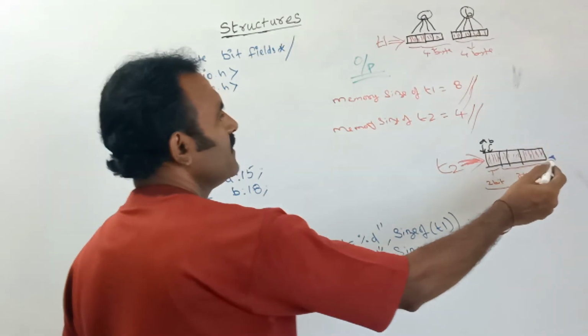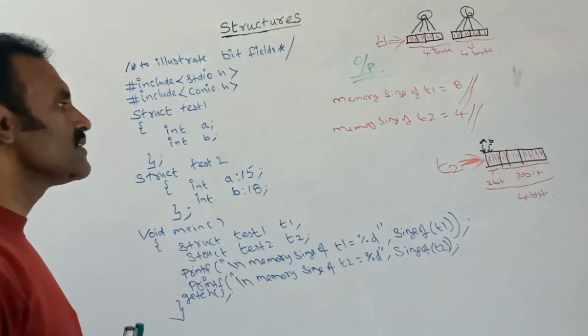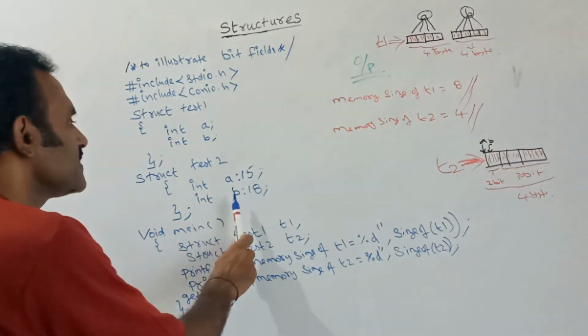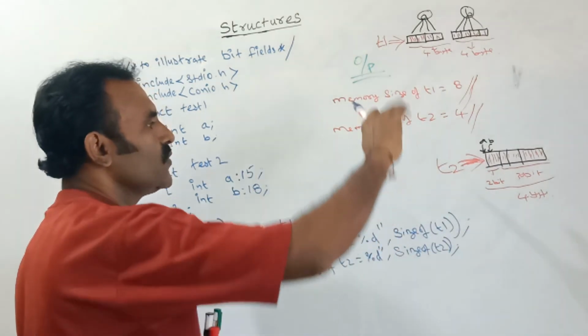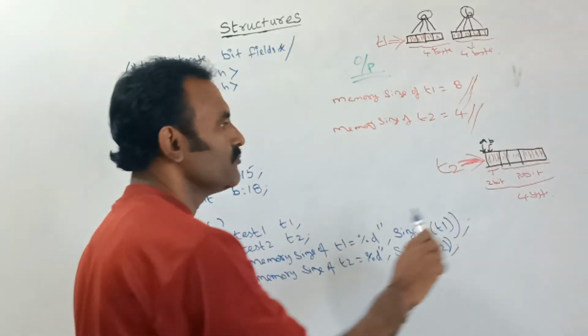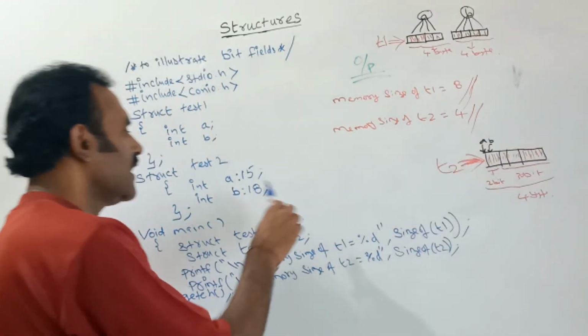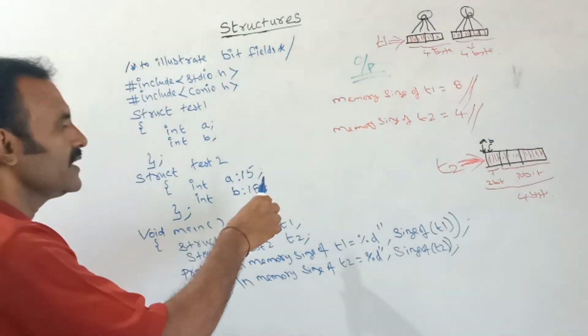Per cycle it will read 32 bits only, but it crossed this limit, 33. So it will create another block of 4 byte memory, and next it will store the bits in that one.